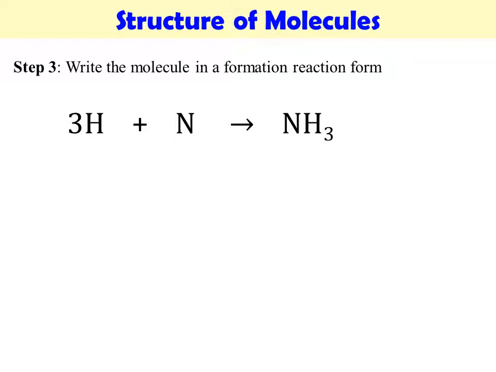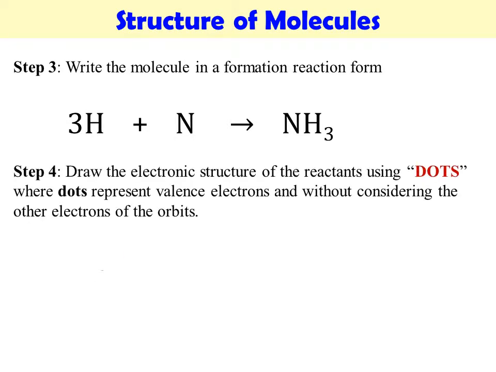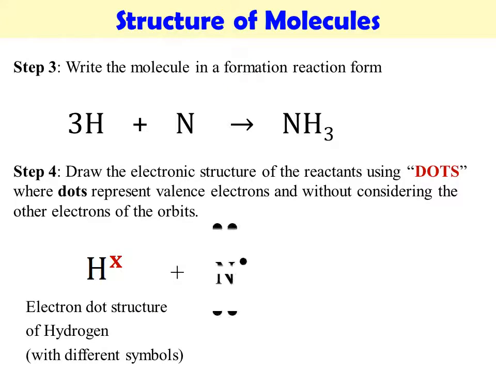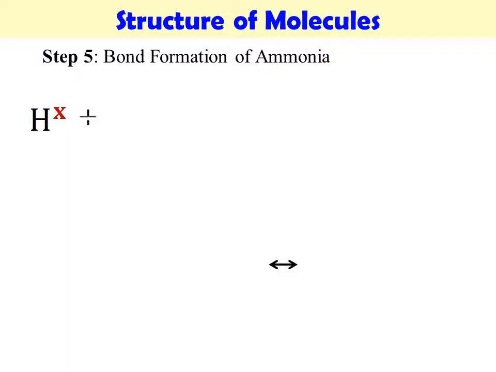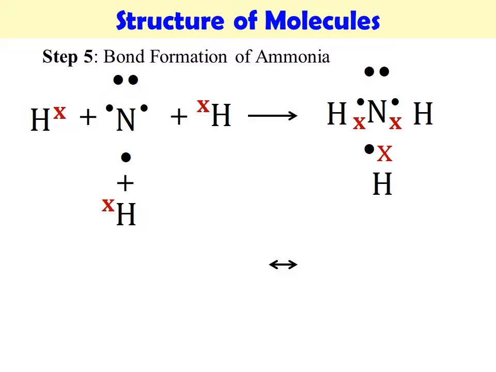This is represented by dots, the electron dot structure of nitrogen, with the 5 electrons you can see over there. Now for the bond formation, you can see the 5 electrons distributed and 3 hydrogen atoms at 3 different positions, and this is how the ammonia molecule looks.